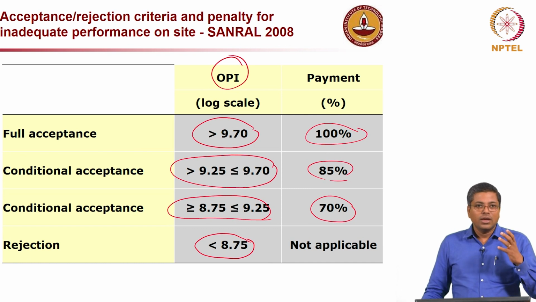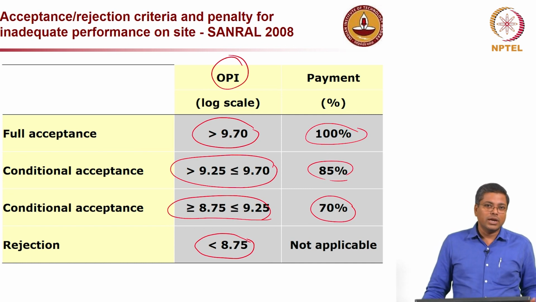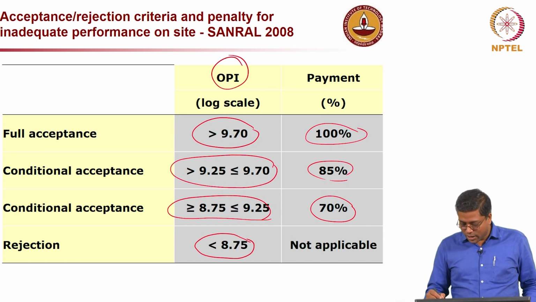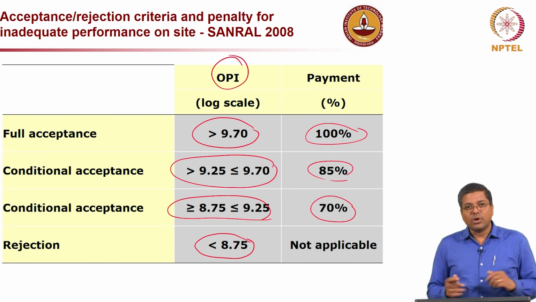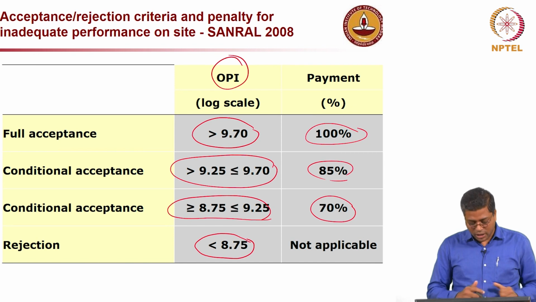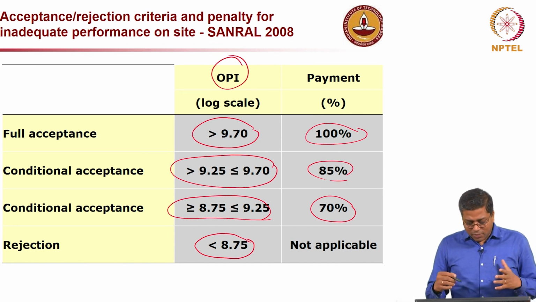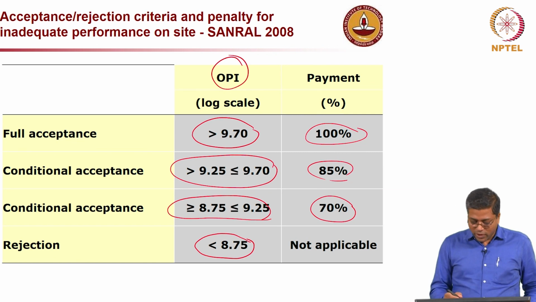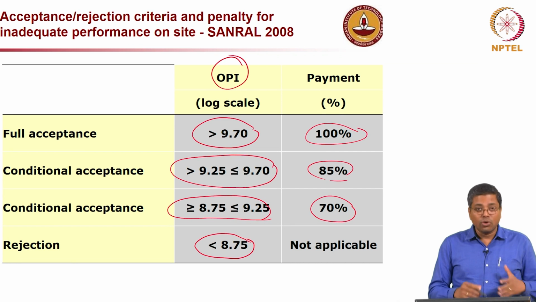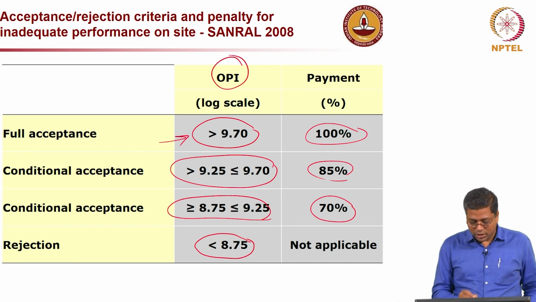But if the performance of the concrete is not that good, there will be an impact on the payment. In this particular project, which was done in South Africa, what they found is that almost all the concrete elements had an OPI of greater than 9.7.